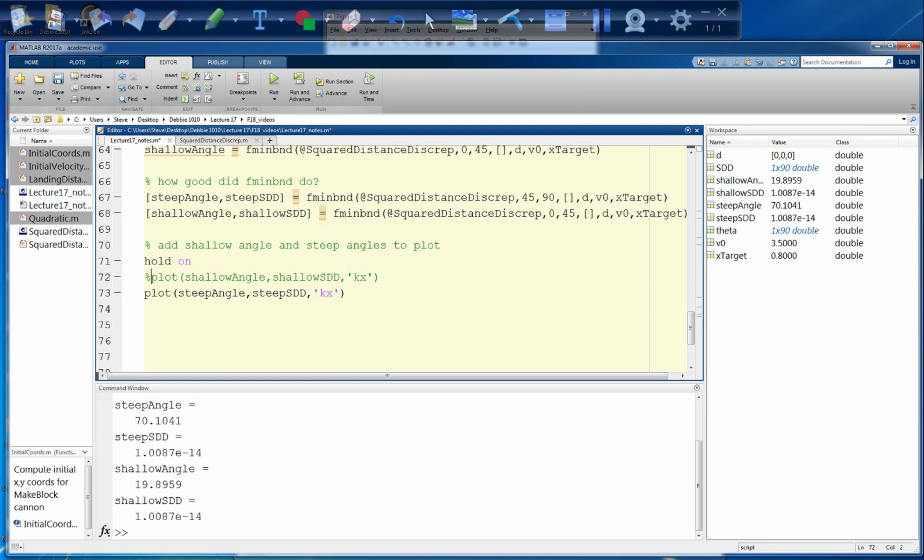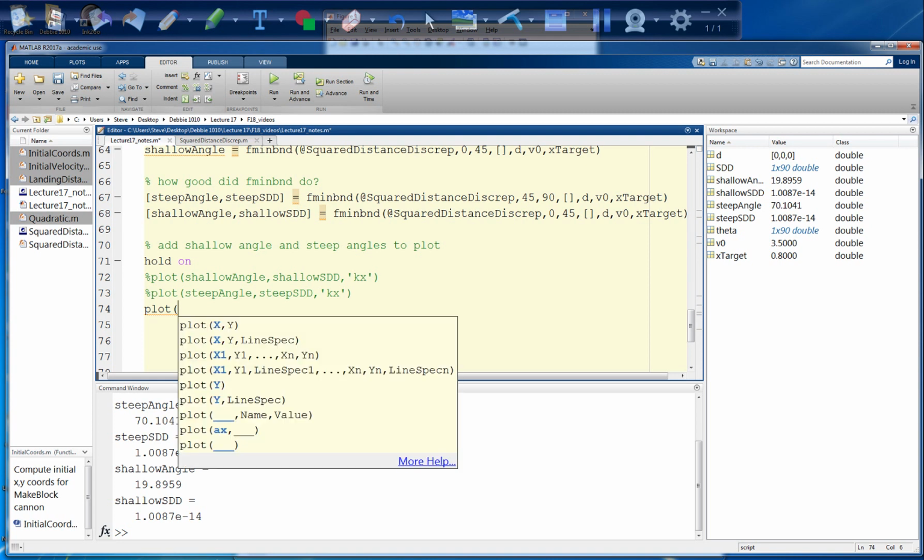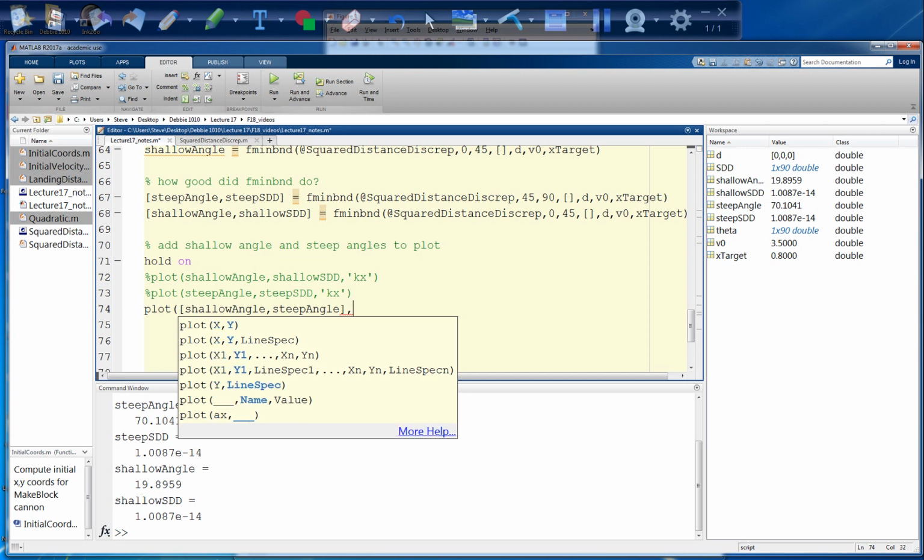Now just for fun, we could have done that in one line of code, plotting both of those x's. Alright, so we could have made a vector of the angles. So in square brackets, I would include shallow angle and steep angle. So that's the first input to the plot function, and then I could have made a vector of the SDD values.